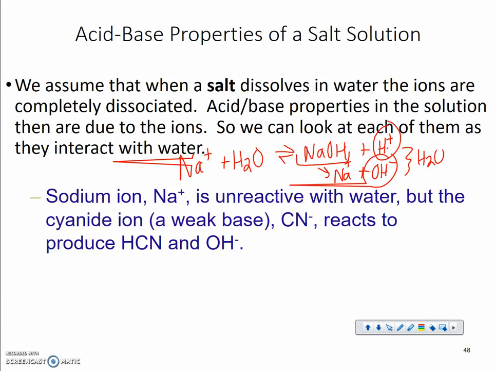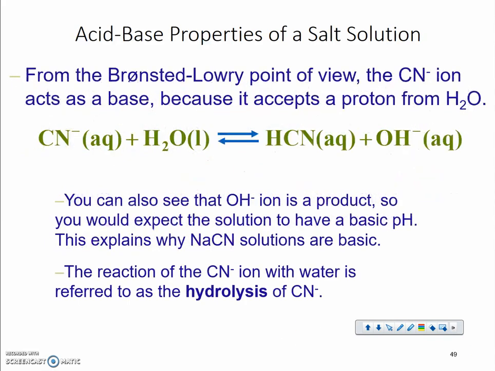The cyanide, however, produces HCN and OH-. HCN is a weak acid, which is not going to completely break apart. It's going to stay mostly together. And then it's also going to form this OH- in that reaction, which creates its basic properties. Anytime you react an ion with water, this is called hydrolysis.